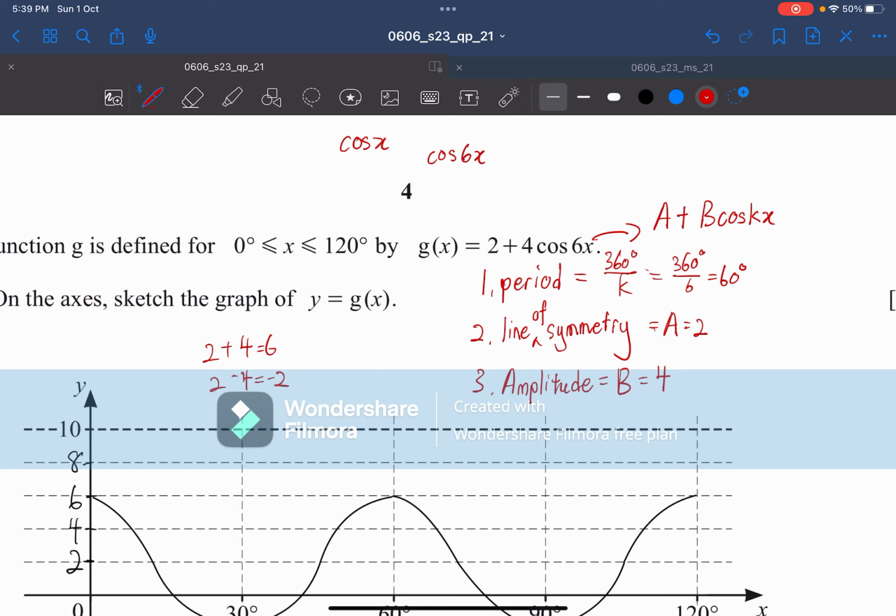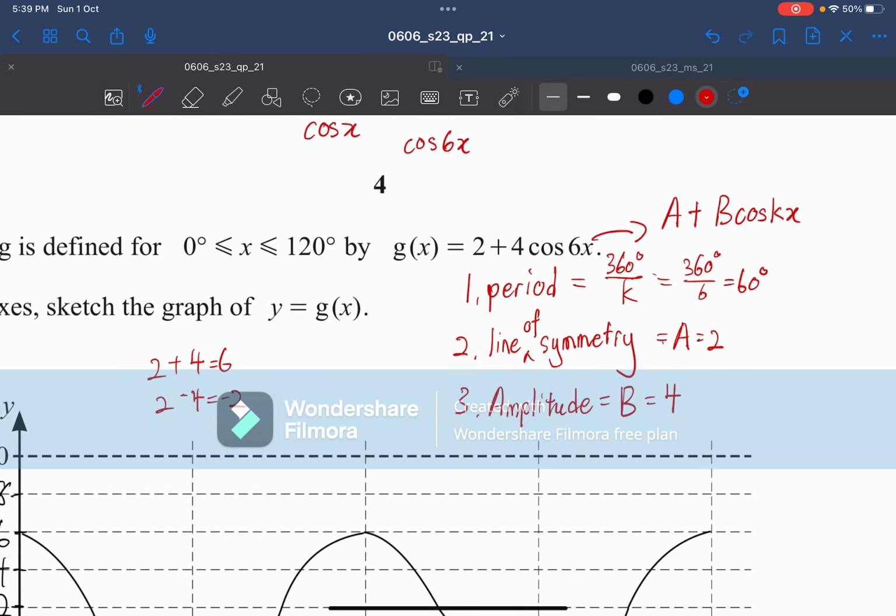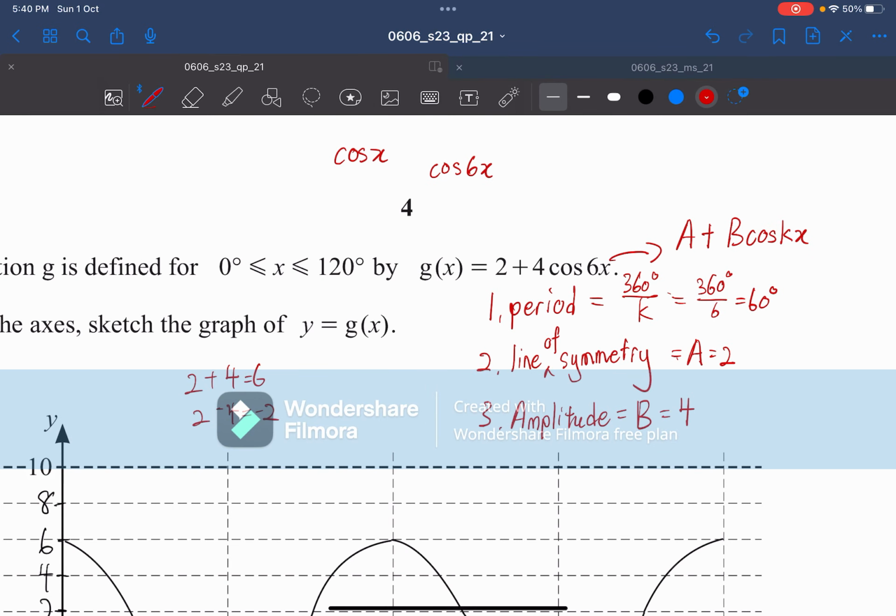So from cos x to cos 6x, the graph has been stretched by a scale factor of 1/6 parallel to the x-axis. So the period is also divided by 6. It's now 6 times smaller than it previously was.